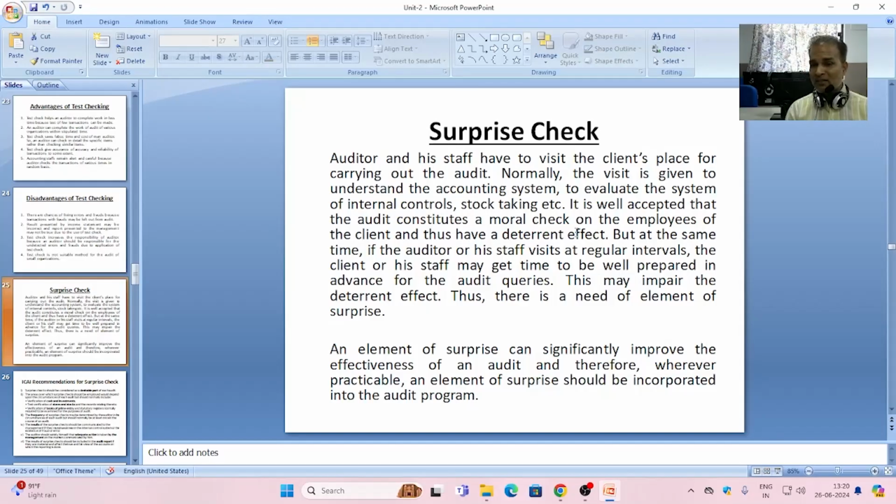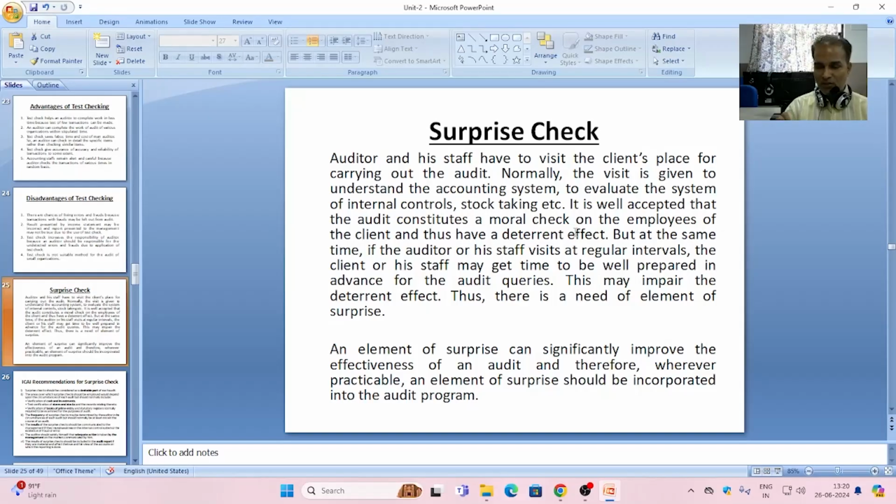So there is a need for an element of surprise. An element of surprise can significantly improve the effectiveness of an audit, and therefore wherever practicable, an element of surprise should be incorporated into the audit program by the auditor.